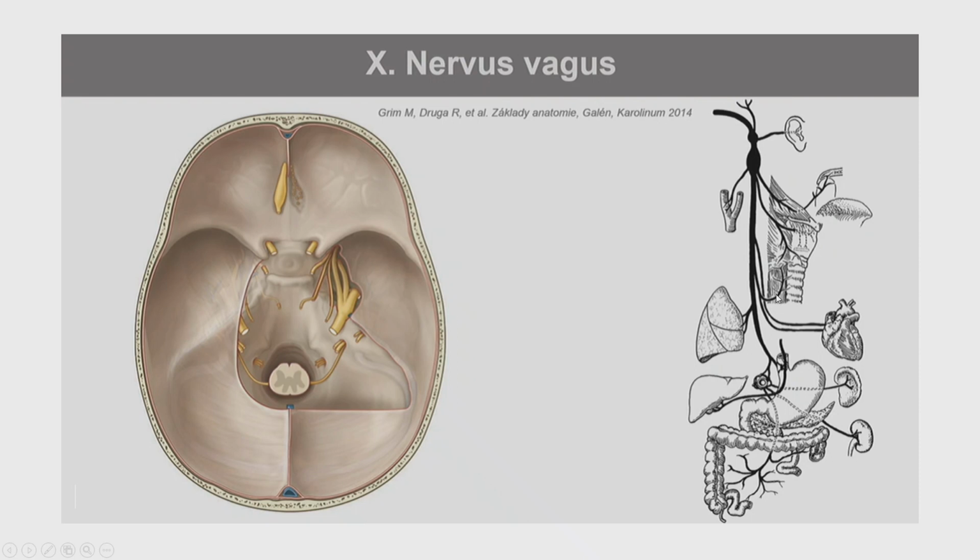And then it goes to the thoracic cavity, innervating the lung, innervating the heart, is going to the abdominal cavity for innervation of the liver, stomach, spleen, kidney, the small intestine, the large intestine, till the left colic flexure.